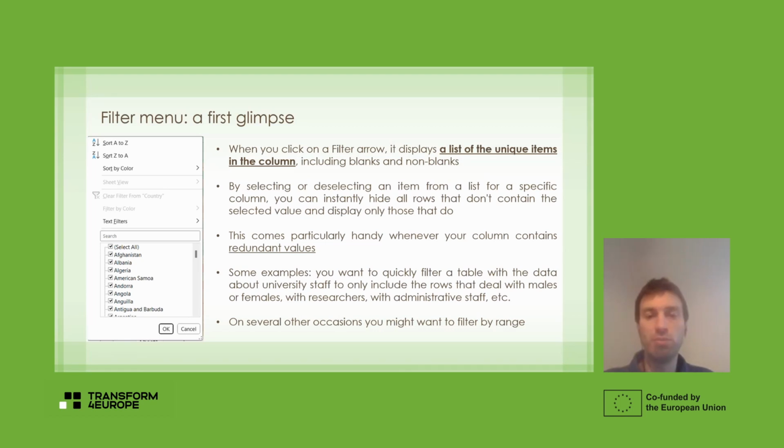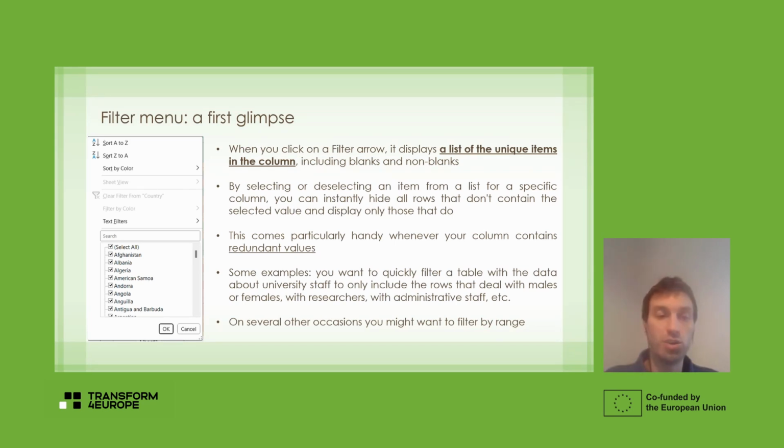As I mentioned previously, you have a very large table with all the employees of a given institution, and you want to only filter professors, and for example, remove technicians and researchers. Well, very easy. You actually click on the column where you have the professional position.